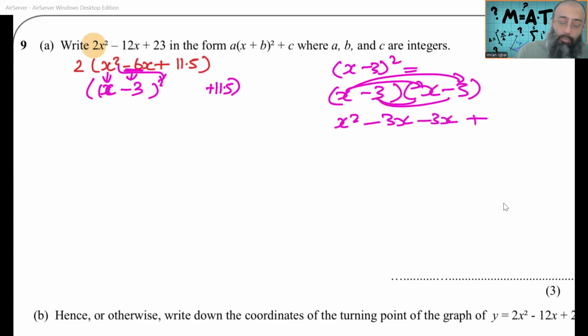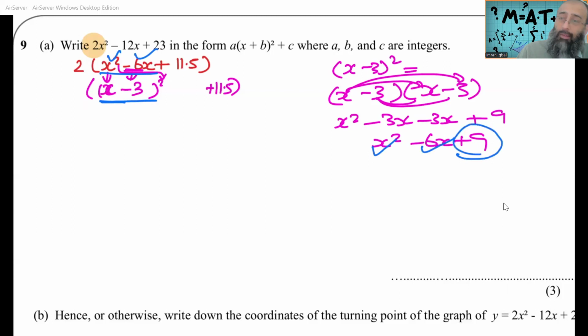It gives the same answer as the previous one, because the numbers ended up being the same, but that's no problem. So that gives us x squared minus 6x plus 9, but you need to do this. It's literally the same as the question we just did, but the rest of it will be different. Don't worry about it. So from here, we get this part matching, but we have an undesirable plus 9.